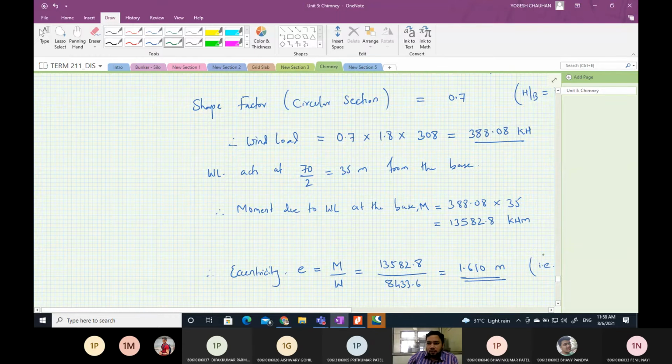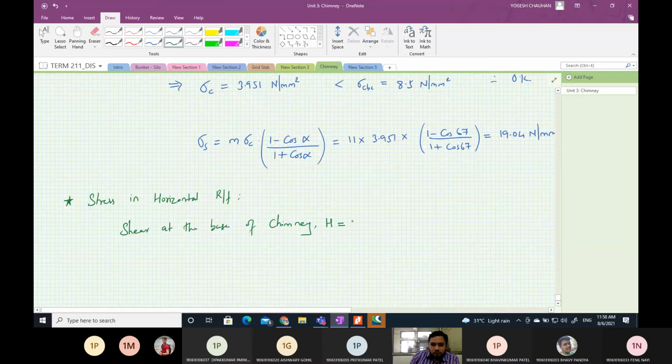So that is 388.08 kilonewton. Then we require the lever arm distance. So lever arm is d1, which is equal to the diameter minus 2 times cover.